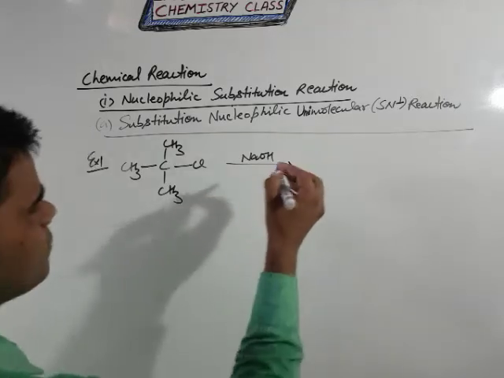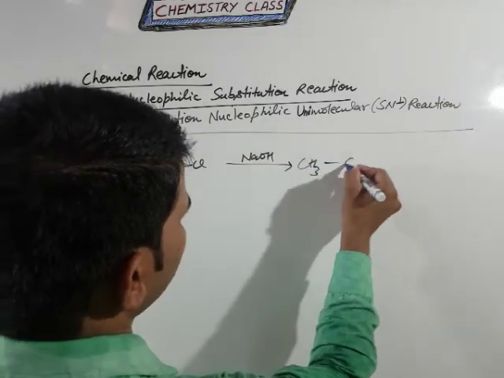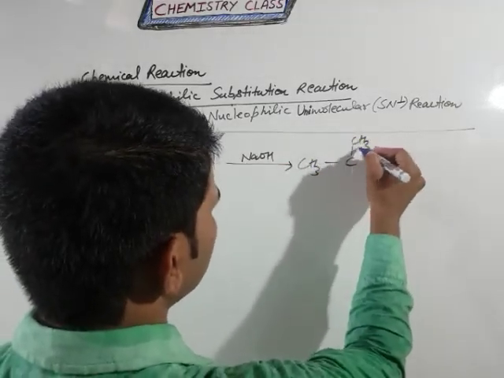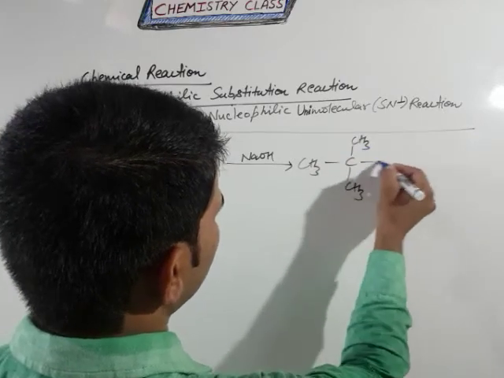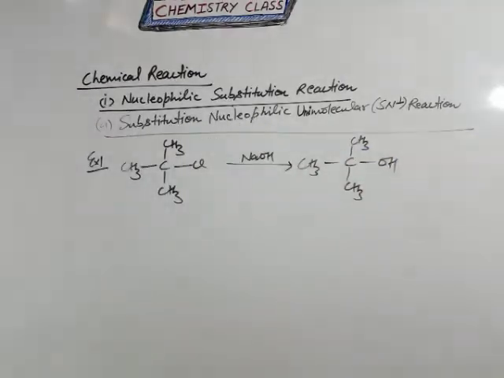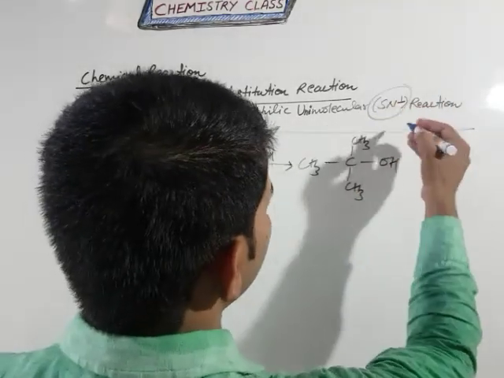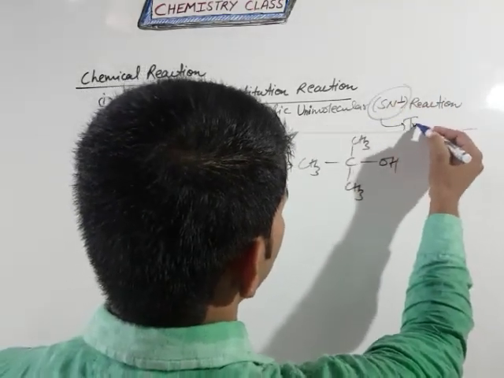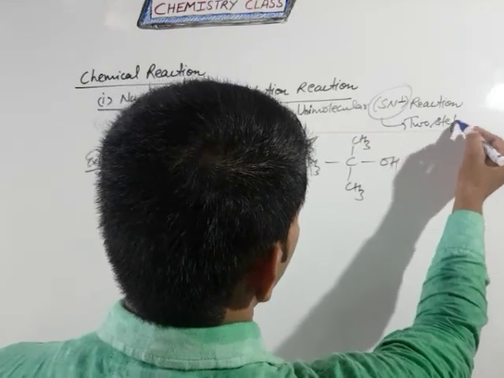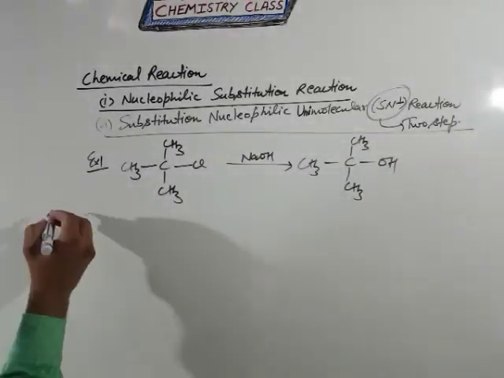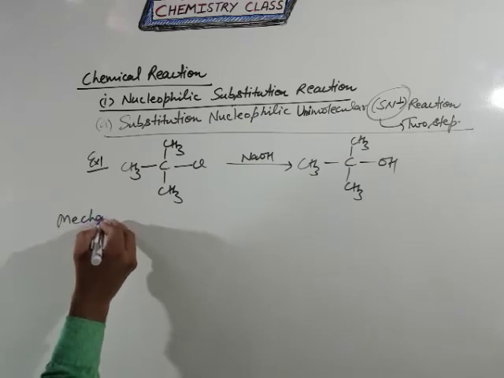What is the product? In this reaction the main product is CH3 single bond CH3 single bond OH. Clear? So the SN1 reaction follows a two-step mechanism. How to write the mechanism? It is very important for all the students.